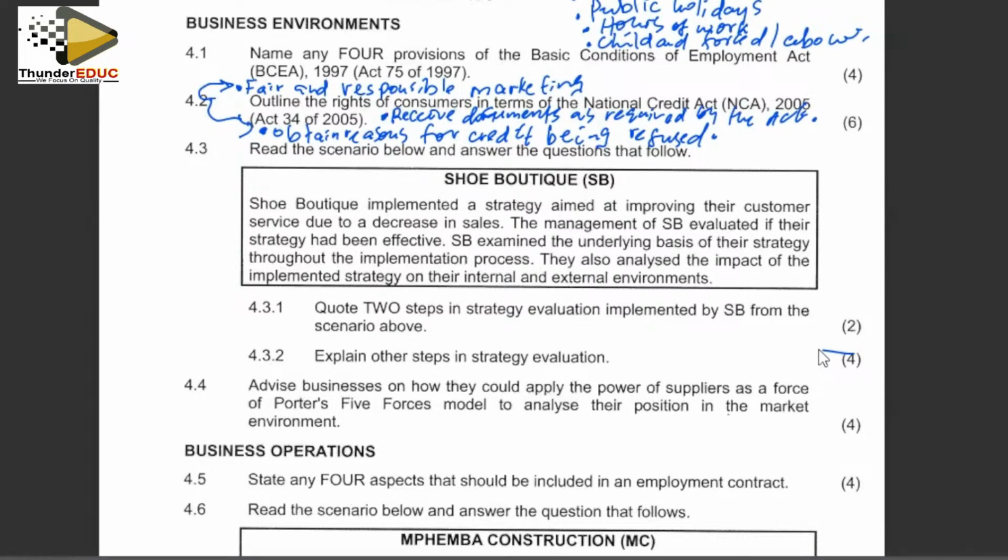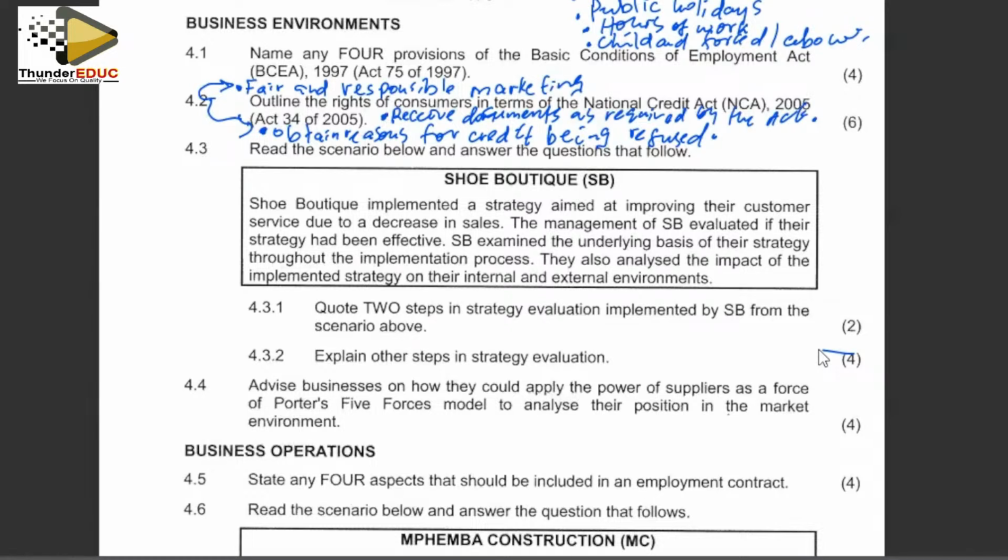4.3.1 reads as follows. Cite 2 steps in strategy evaluation implemented by SB from the scenario above. So now from the scenario above, the steps that we actually have is that they also analyzed the impact of the implemented strategy on their internal and external environments.